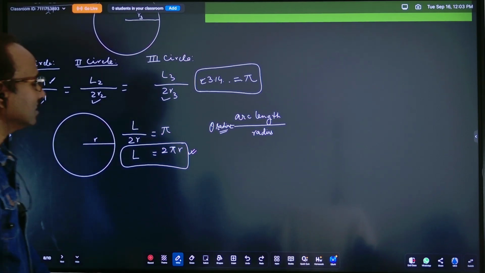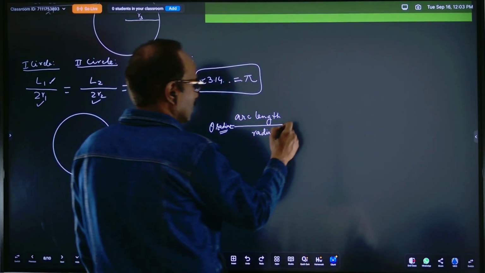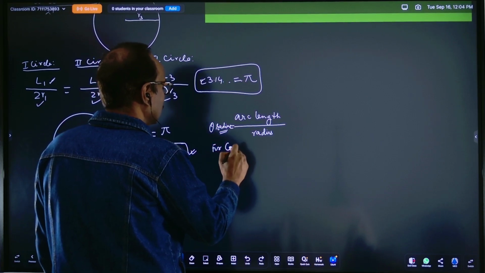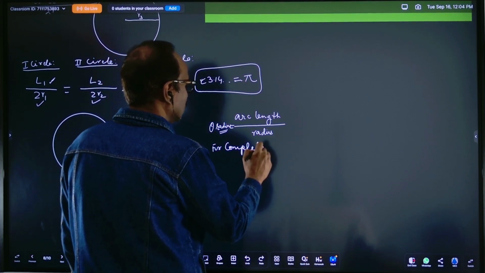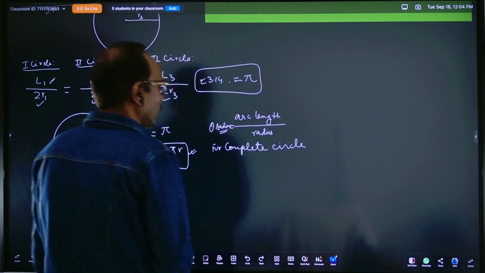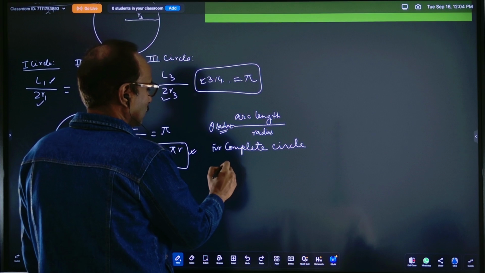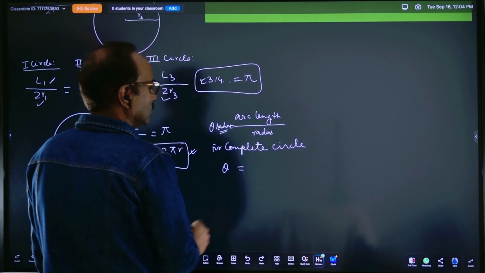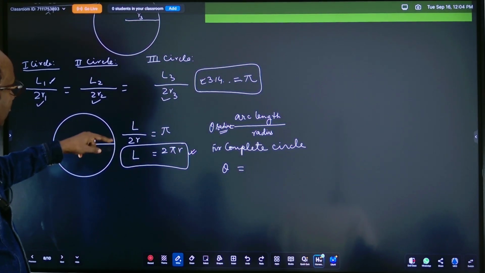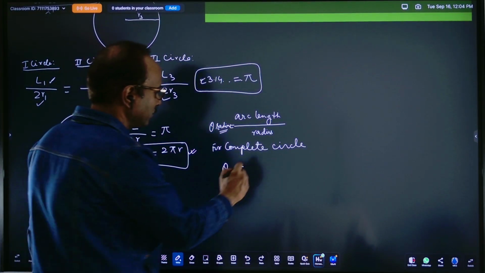If you take the complete circle, what will be the arc length for the complete circle? The arc length will be 2 pi r, because from here to this point it is 2 pi r length.